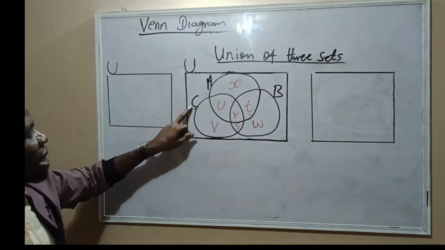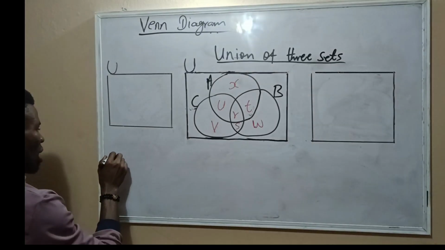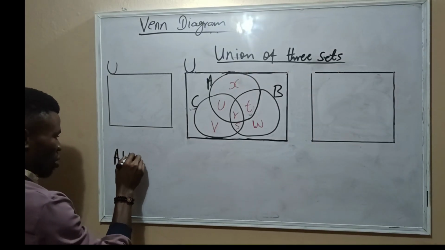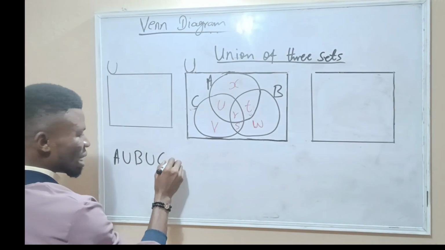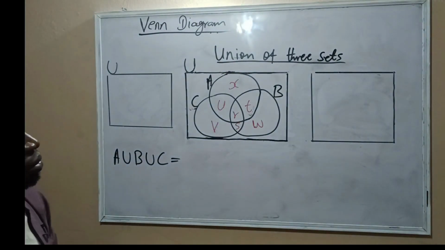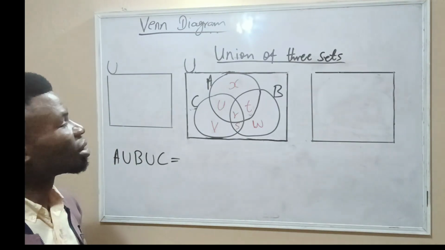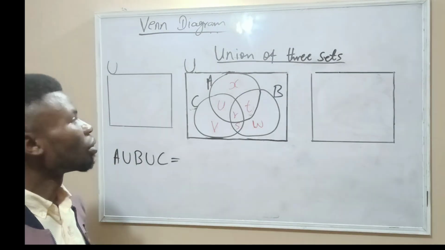Now, the union of these three sets, that is A union B union C, is equal to, now remember what union says. Union says there is no repetition.